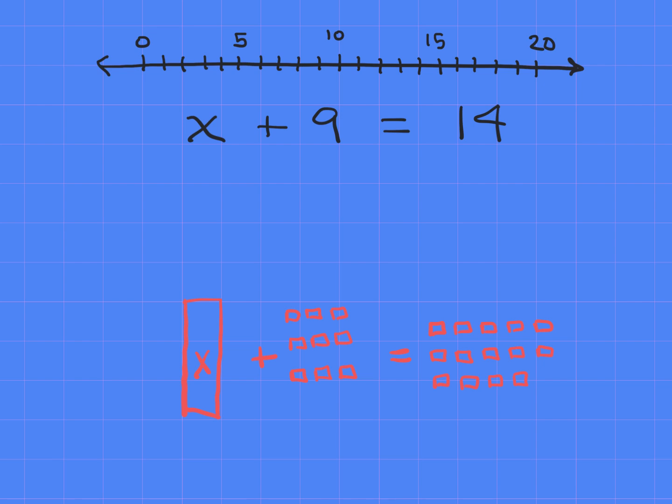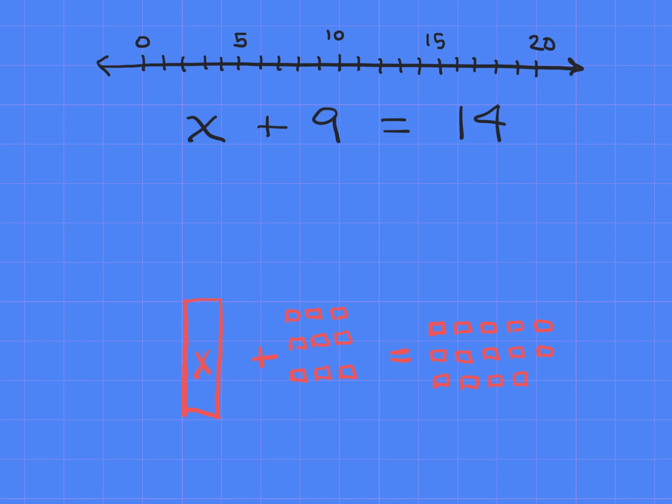Now, I'm going to give you a few representations of what's really happening when we solve equations. I'm going to use a number line as well as algebra tiles, and then I'll show the algebraic method of solving the equation. In elementary school, x was given in terms of a mystery box.